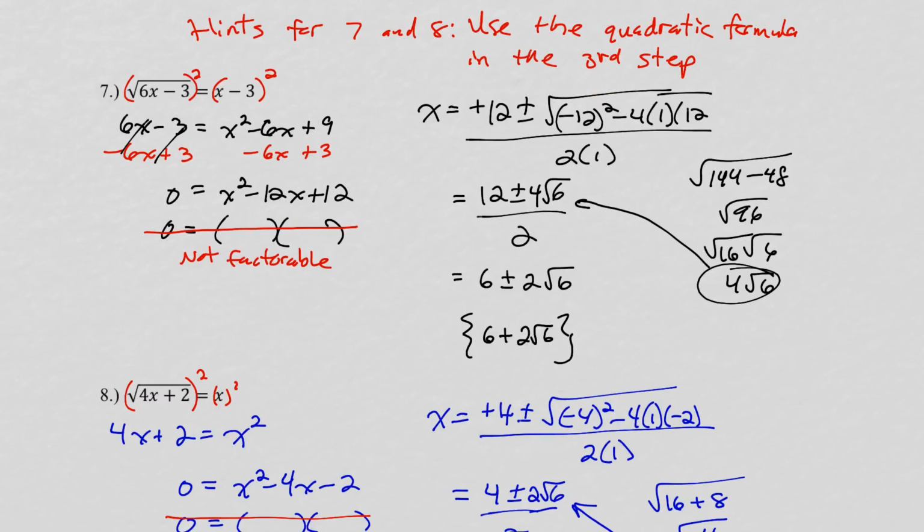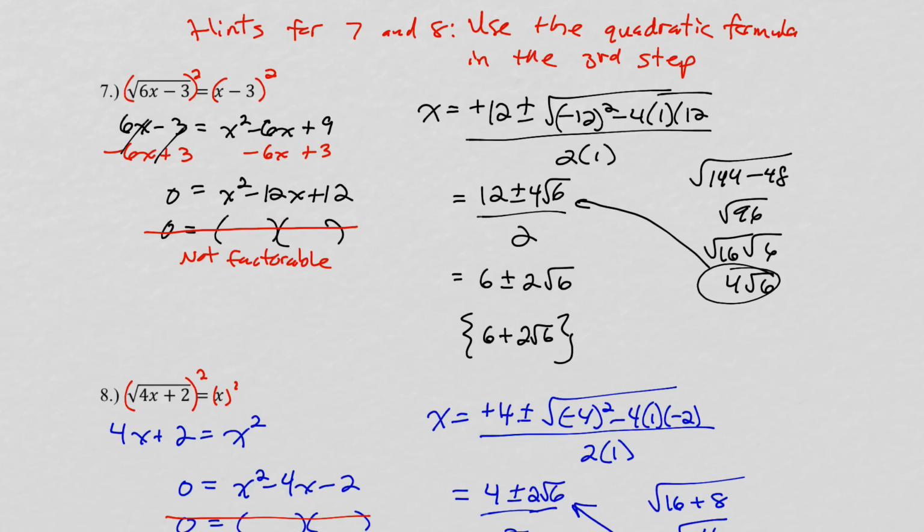All right, we're back. Hopefully you paused the video and worked these out on your own using my hints for number 7 and 8. And now you also continue to number 9. So again, the answer to number 7, we have to use the quadratic formula. And this is the way I do quadratic formula.